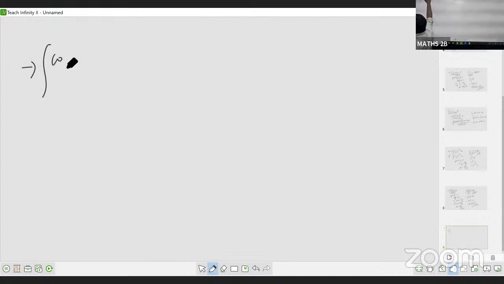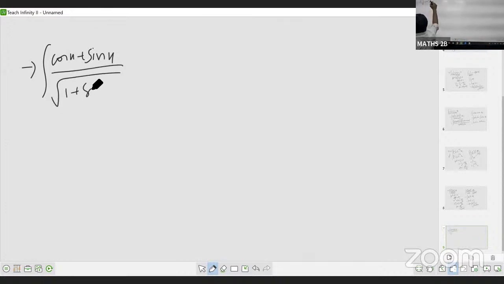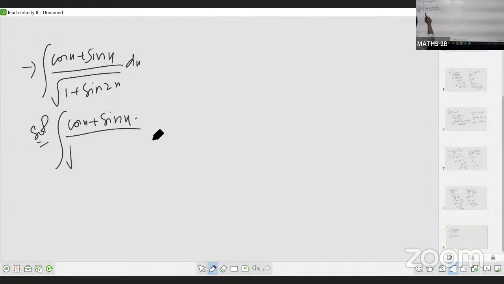Integration of cos x plus sin x divided by under root of 1 plus sin 2x dx. Cos x plus sin x by under root of 1, you write it as cos square x plus sin square x.